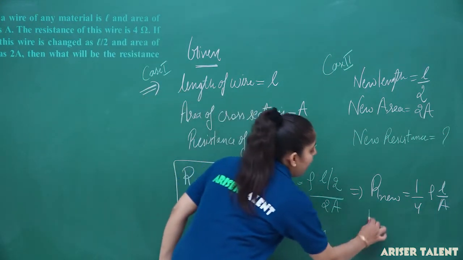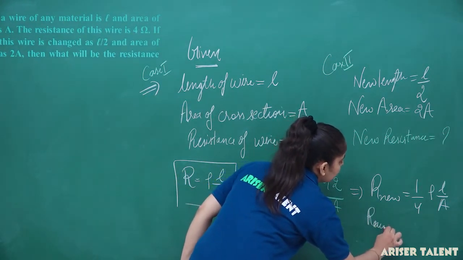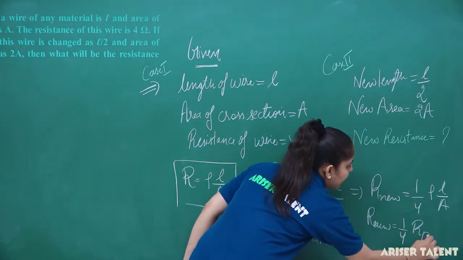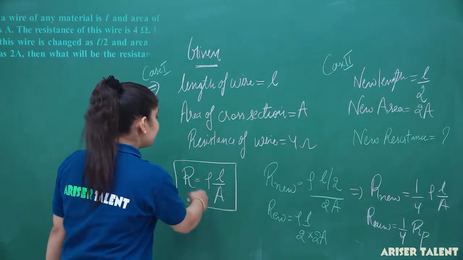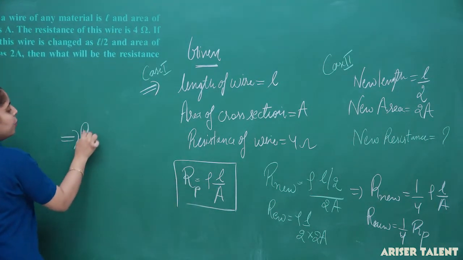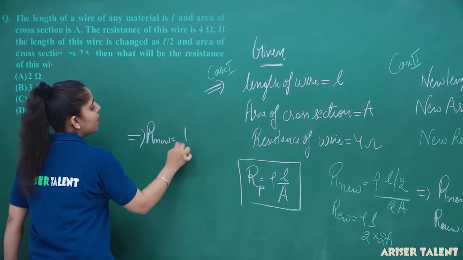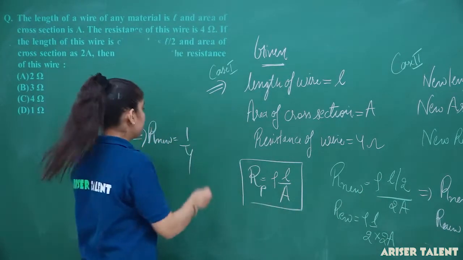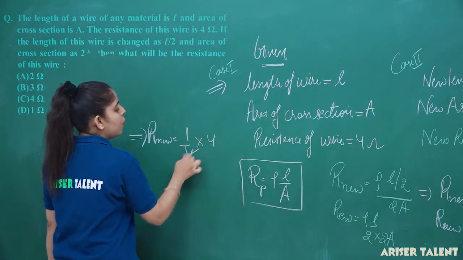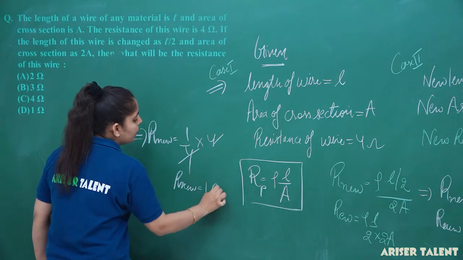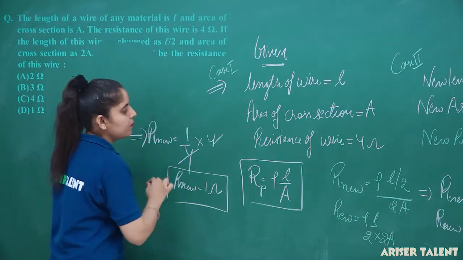So, R new equal to 1 upon 4 R previous. This is our previous resistance. So, R new is 1 upon 4 and the previous resistance of the wire is 4 ohm. So, 4 will be cancelled by 4 and the new resistance came out to be 1 ohm.